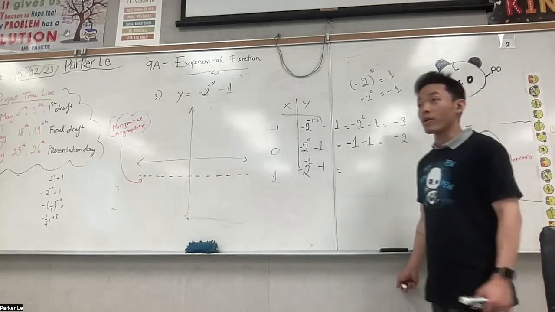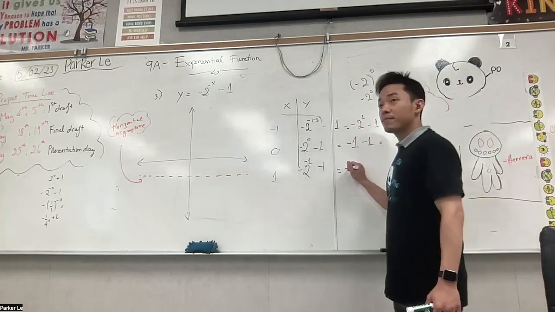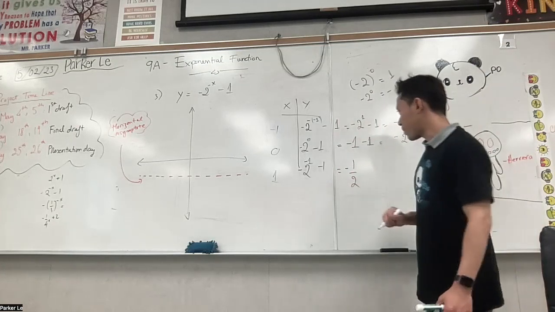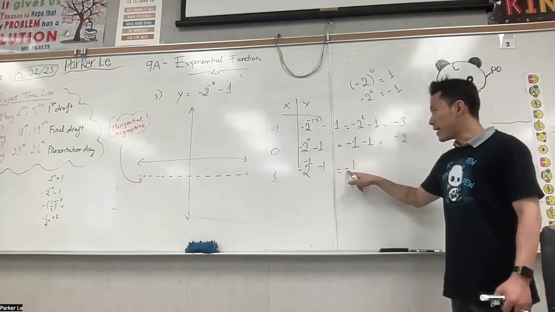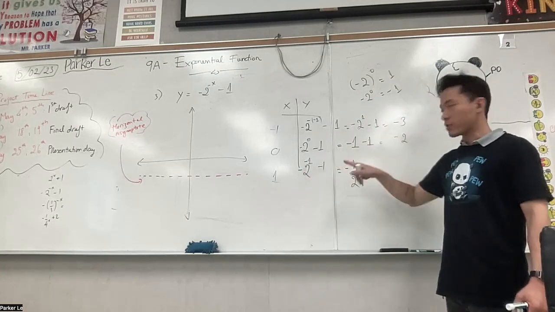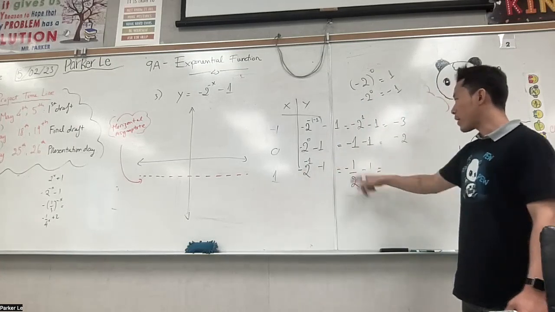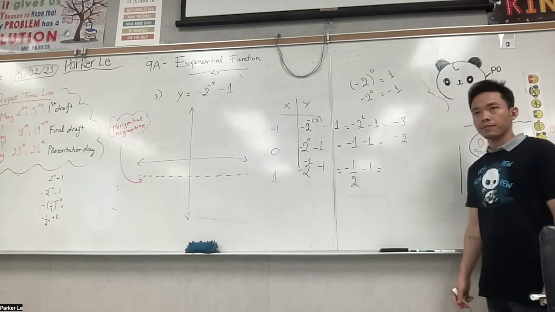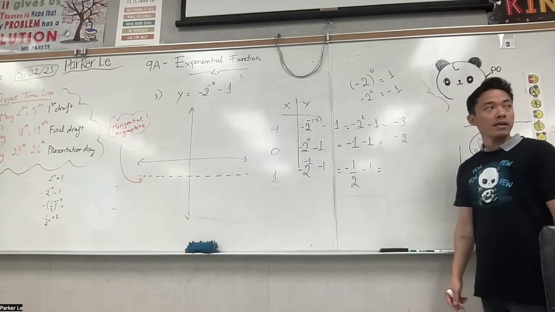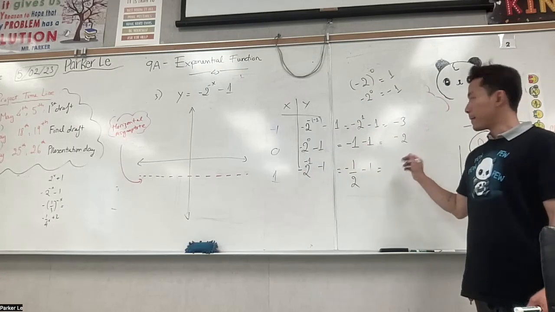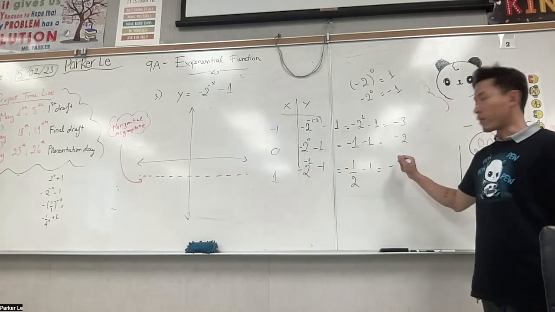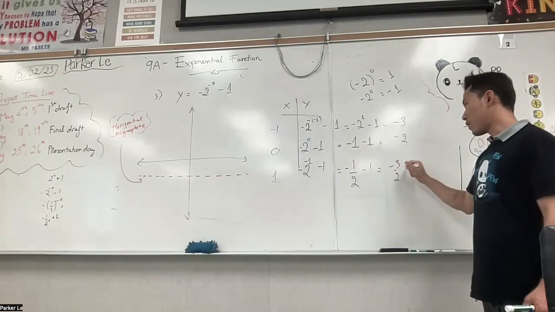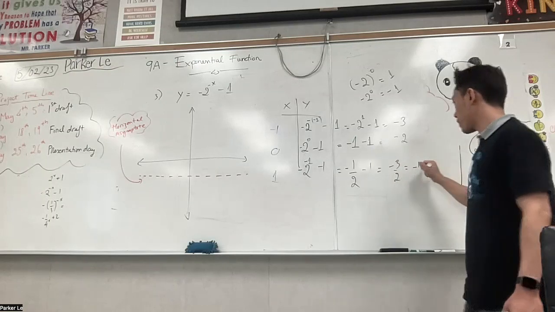Negative 1/2. Very good. The negative is staying negative. 2 to the -1 is 1/2. So I have -1/2. What is -1/2 minus 1? -1.5, or -3/2, whatever works for you.